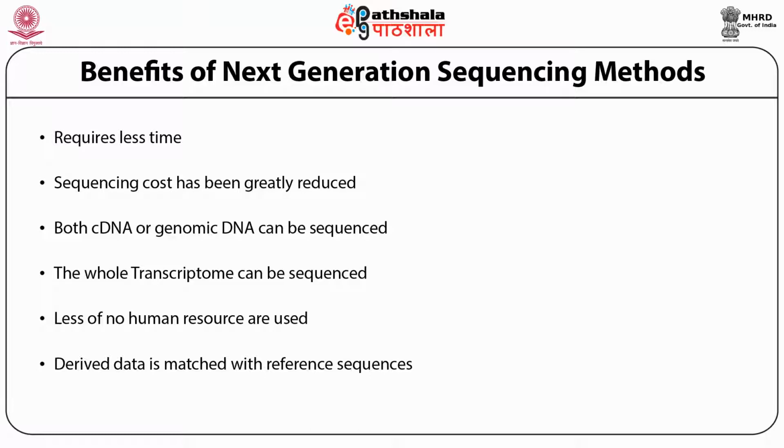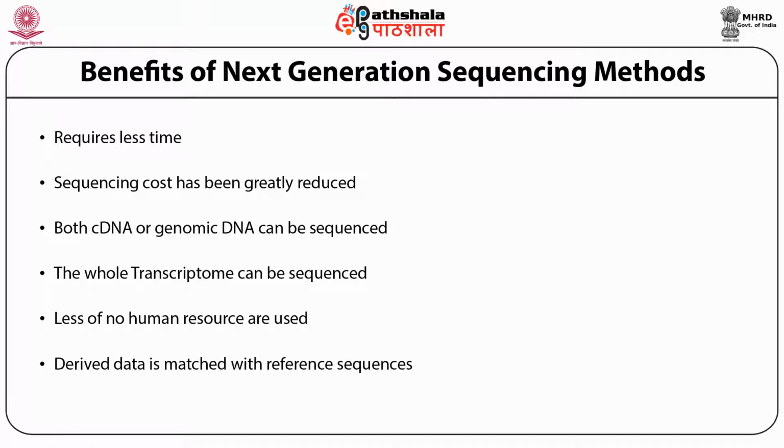The capillary-based sequencing instrument developed by Applied Biosystems was used by the NIH-led and Celera-led human genome projects. The first human genome sequence, published jointly in Science and Nature in 2001, required about 15 years to complete and close to $3 billion.